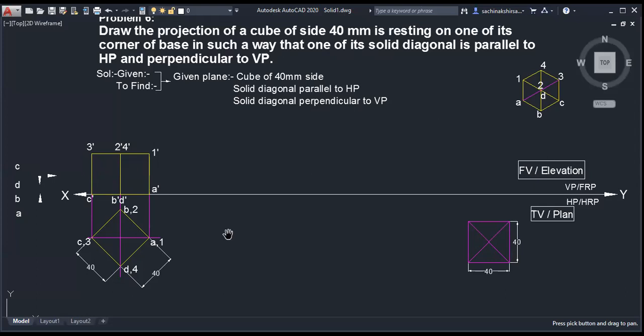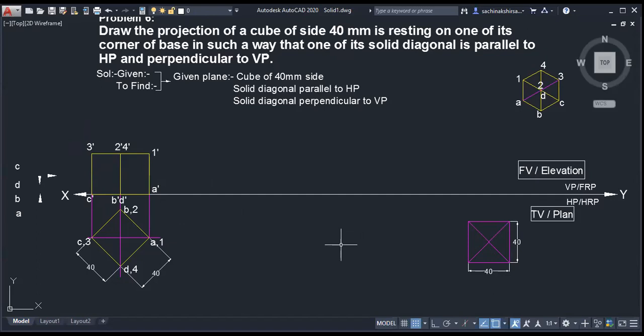Okay. So first we have to make the solid diagonal parallel to HP. Is it possible to make its solid diagonal A dash 3 dash parallel to HP and hold the solid on the XY line only?